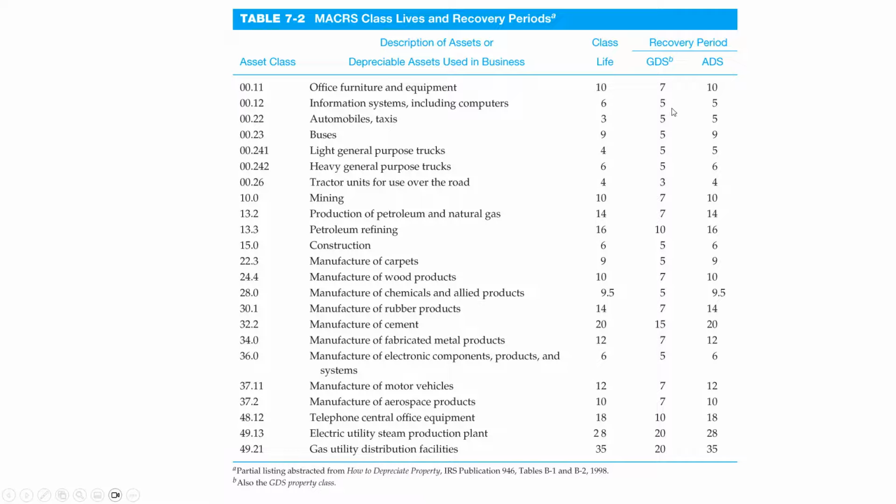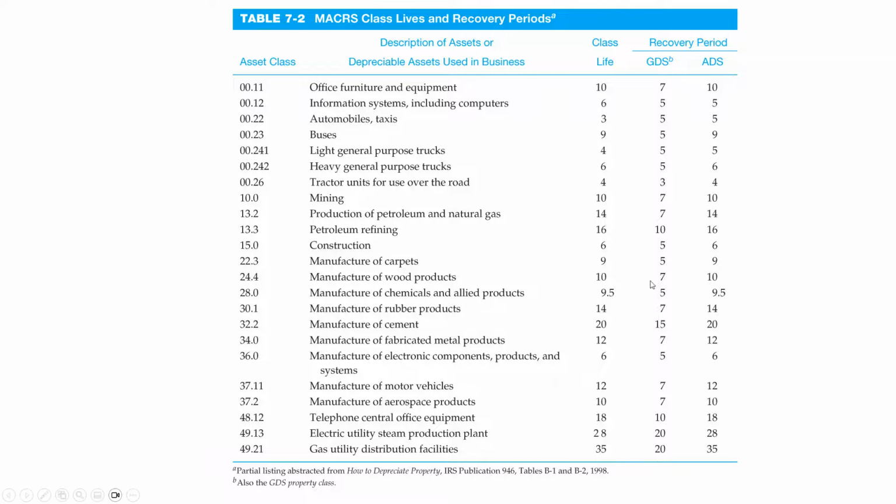But then depending on which recovery period standard you're using, GDS or ADS, then it may have an accelerated depreciation period. So a company would prefer to use GDS in the case of having to spread that cost out over a fewer number of years, meaning that they get to accelerate the depreciation sooner rather than putting it off towards the end where the depreciation doesn't have as much value.